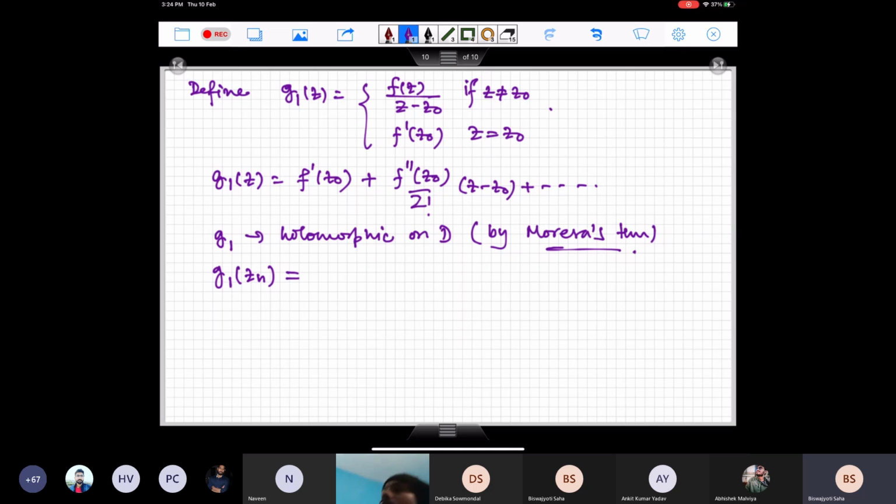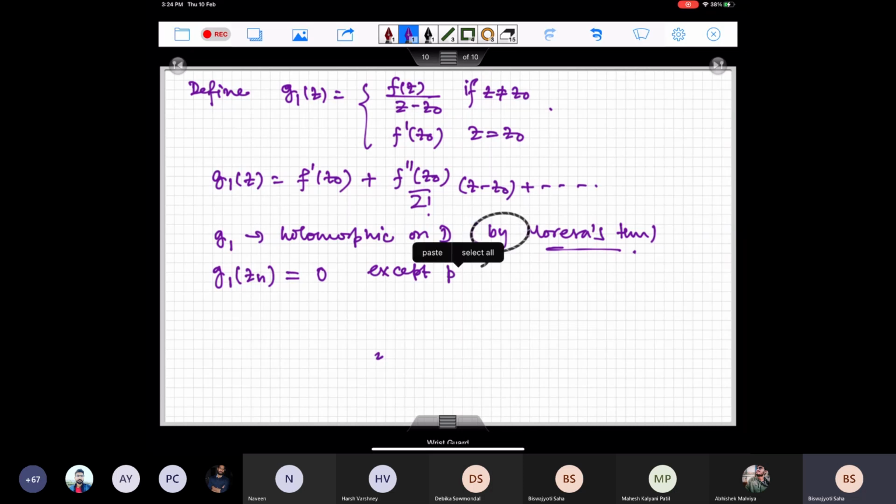I am asking why it needs to be f prime of z naught at the point zn. So the zn's are all distinct points. Only one of them could be equal to z naught, but otherwise all of them are distinct. So g1 of zn is equal to 0 except possibly for one n. Is it clear?